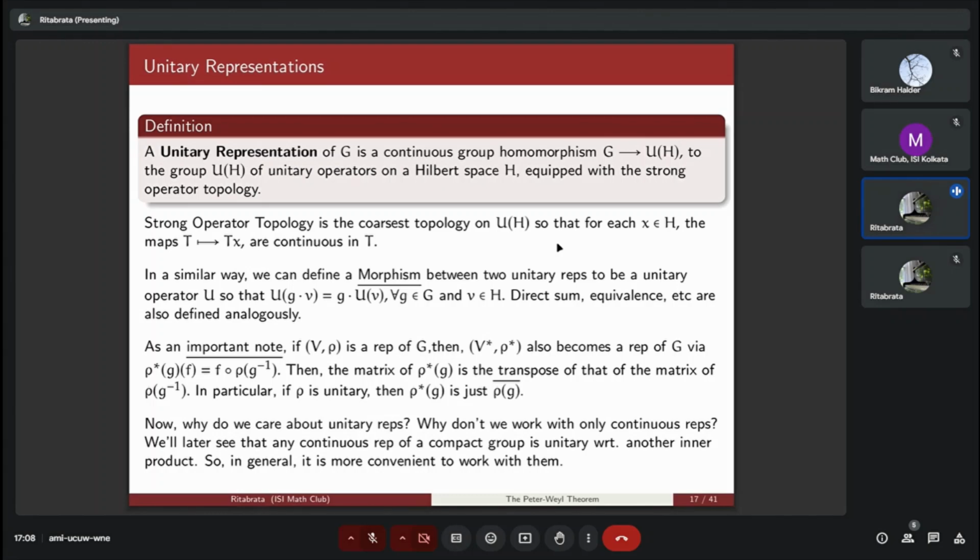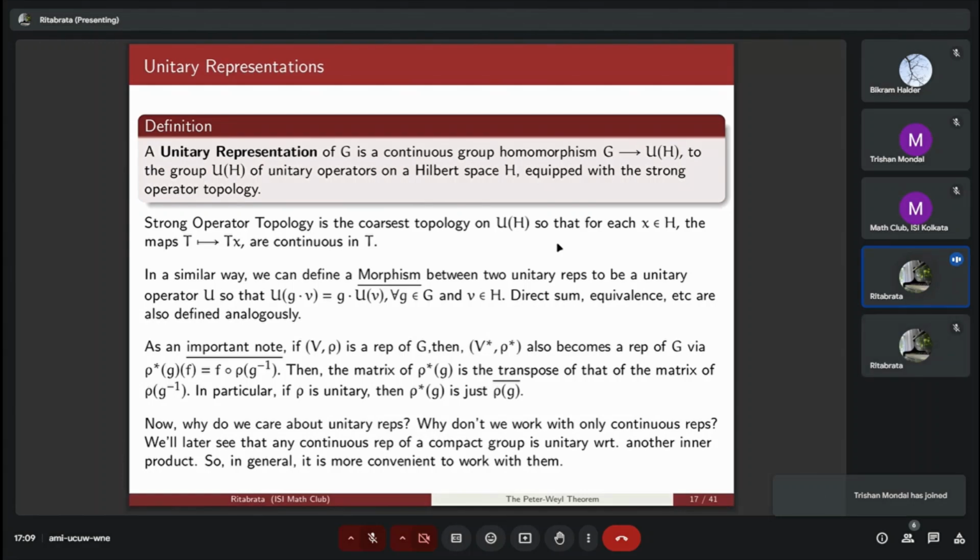A representation is basically a group acting on the vector space. Each group element acts as a linear operator on the vector space. If our group is a topological group, then for a continuous representation, in our definition, we'll require the operators that G induces to be also continuous operators on the vector space. This is more convenient.